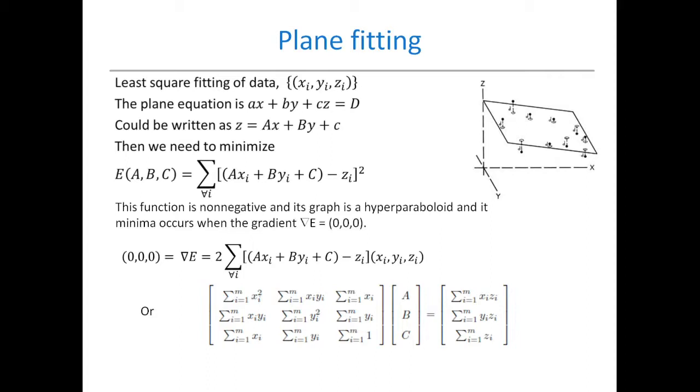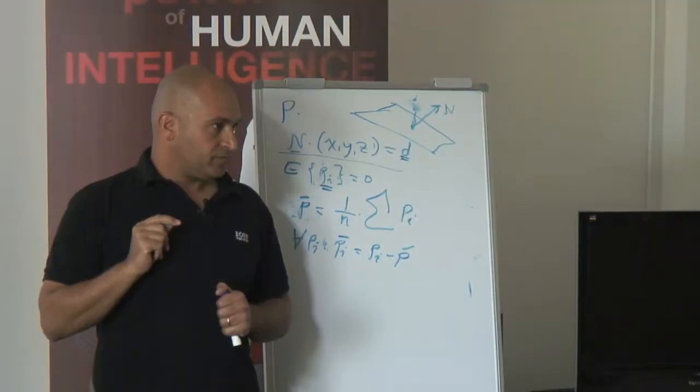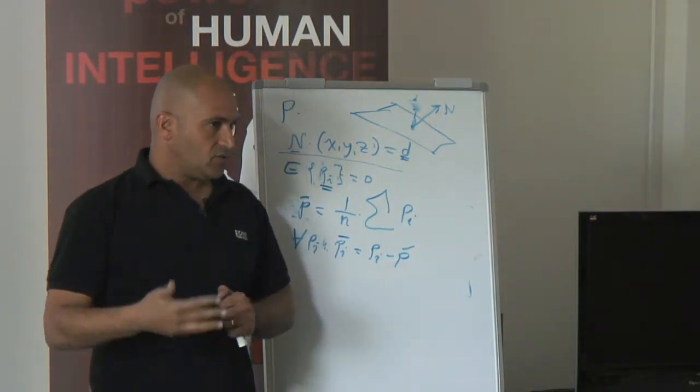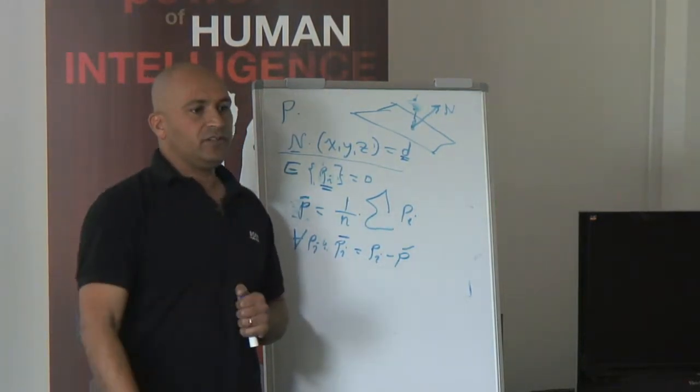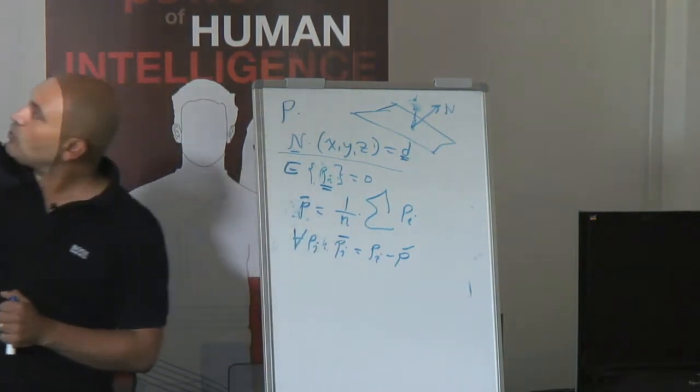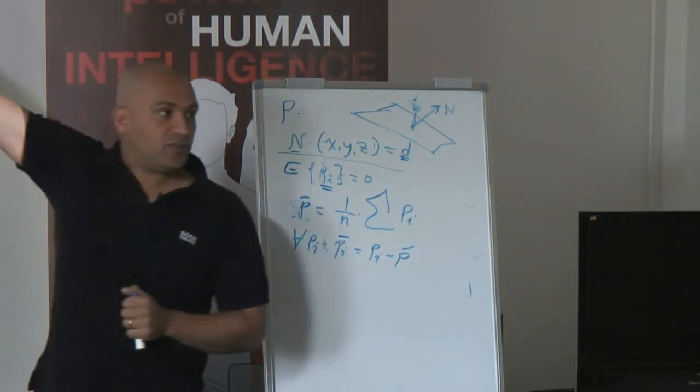Actually, 3 equations that we can solve to get ABC. So it could be solved analytically very easily, or you can just plug it in a solver and get ABC. The moment you get ABC, you determine the plane.